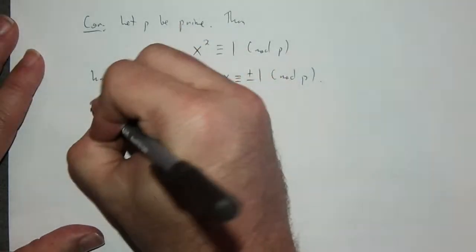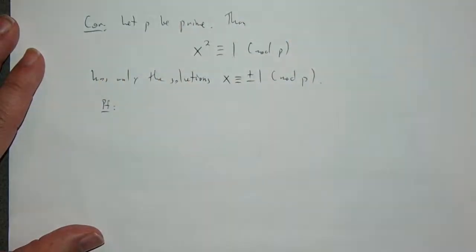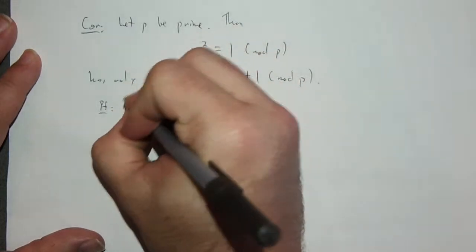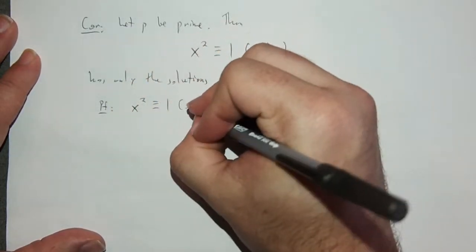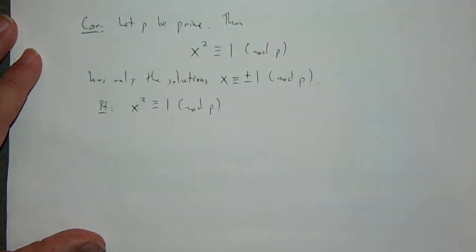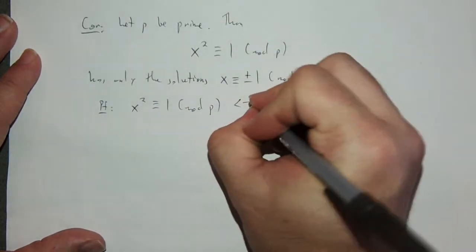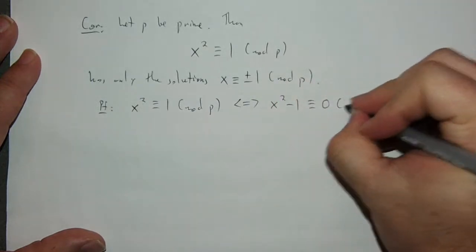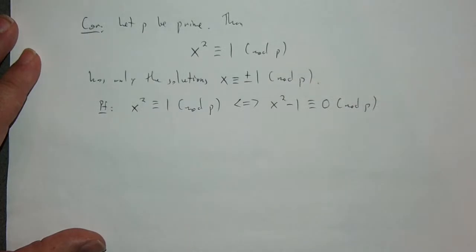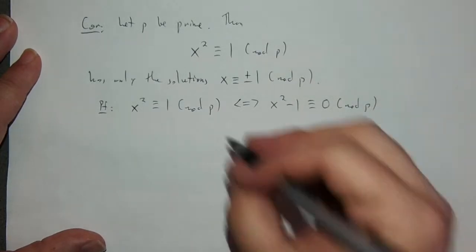So proof. x squared is congruent to 1 mod P. That is true if and only if x squared minus 1 is congruent to 0 mod P. Now you see why it's a corollary of that previous fact.